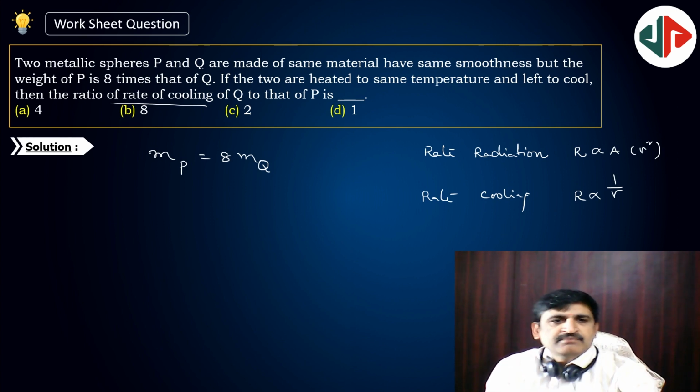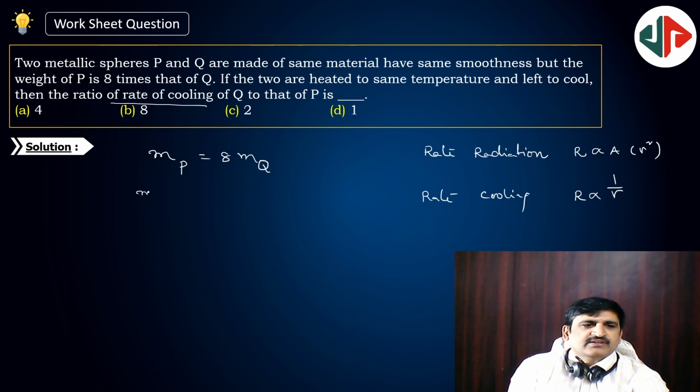So here the masses ratio is given, MP by MQ. That means RP by RQ whole cube is equal to 8 by 1. This implies RP by RQ is equal to 2:1.